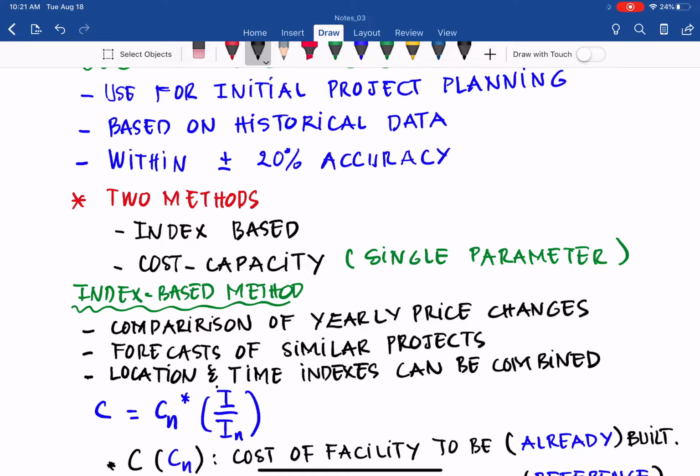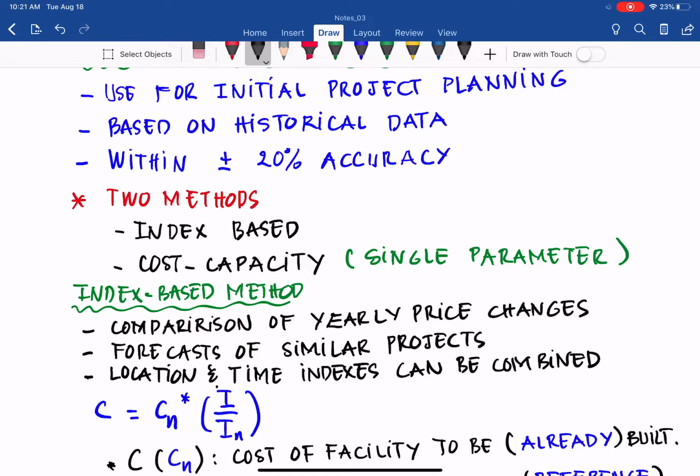So the relationship between cost and capacity is normally not linear, it's non-linear. For example, we talk about the water treatment plant project, and the capacity in this case is how many million gallons per day we build. We built a project for $10 million for 5 million gallons per day.